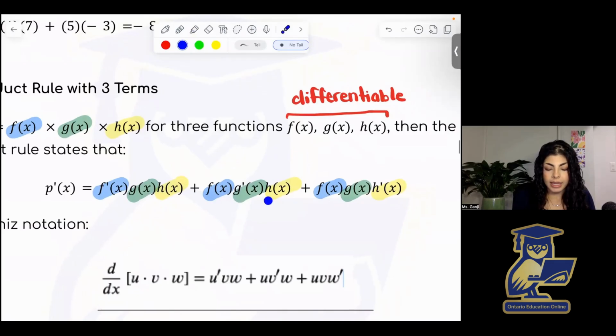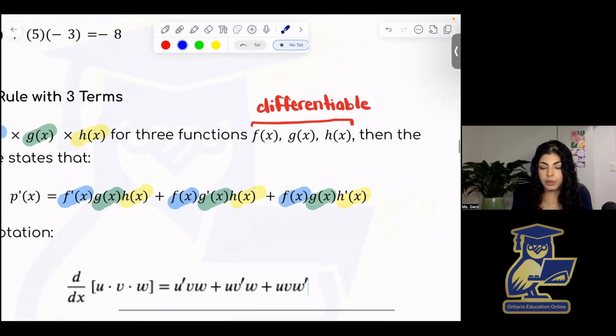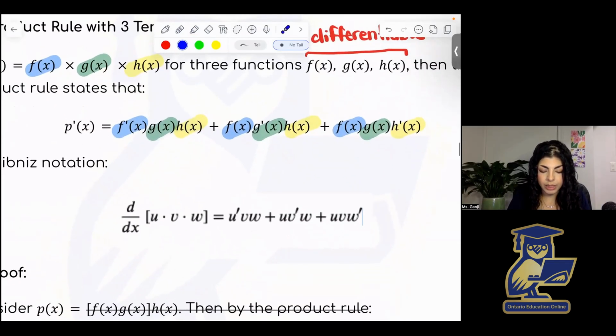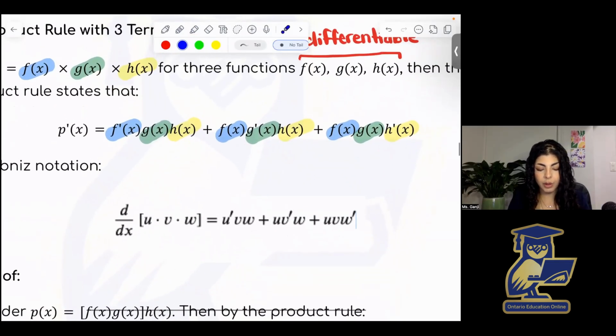Then in the second term, you take the derivative of your second function, and the other 2 stay the same. And then finally, you take the derivative of the last function, and the other 2 stay the same. And same with Leibniz notation. If you have UVW, this will become U prime, and then VW plus U, and then here we have the V prime times W, and finally the W prime, and then U and V just stay the same.